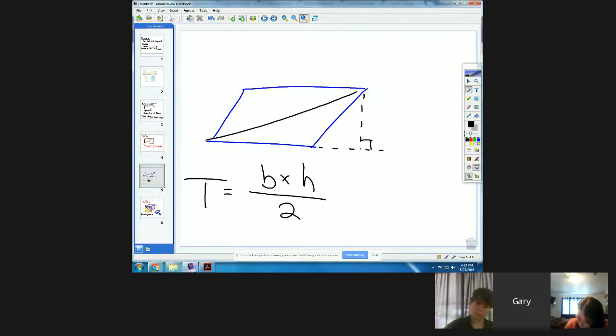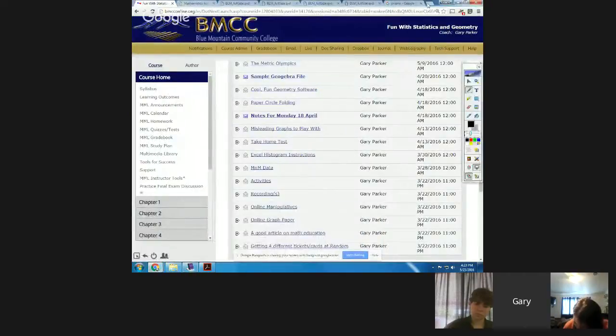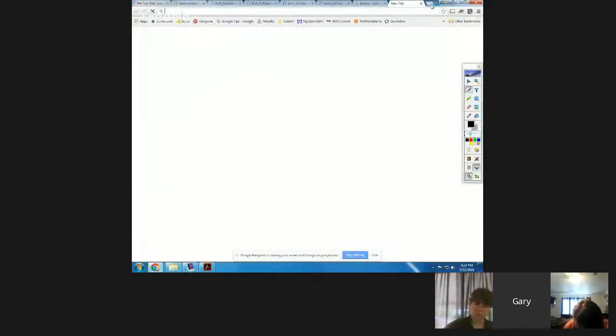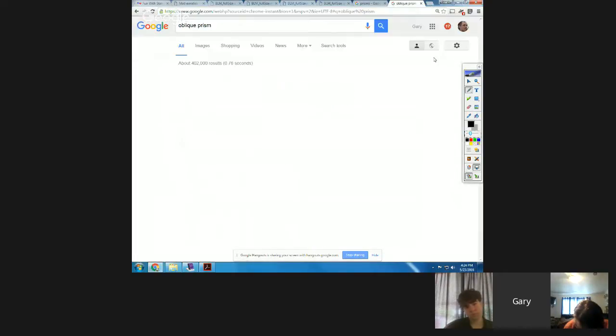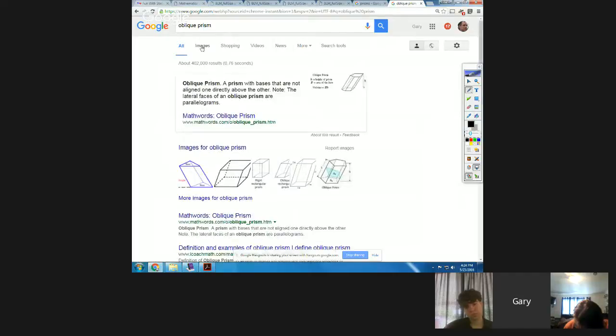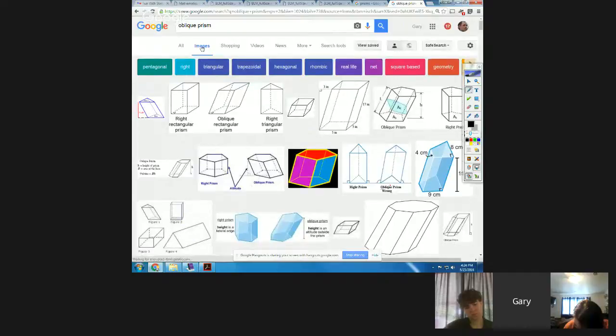That's what oblique means in 3 dimensions. So let me get some pictures of that for the in-class audience here. Oblique prism. Here we go. And just like a rectangle is similar in terms of its area to a parallelogram, the same thing works for an oblique prism.